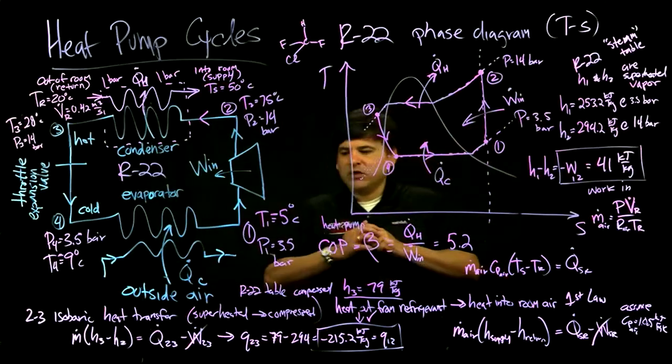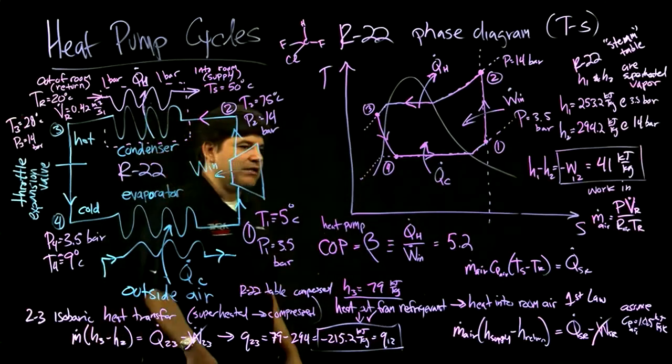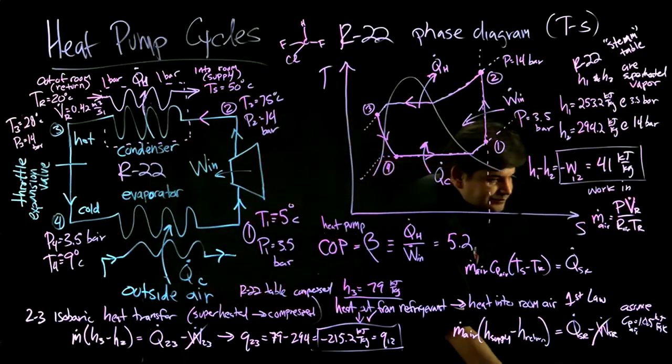So how we would use it here is that we don't know the mass flow rate of the liquid refrigerant on the other side of the heat exchanger.